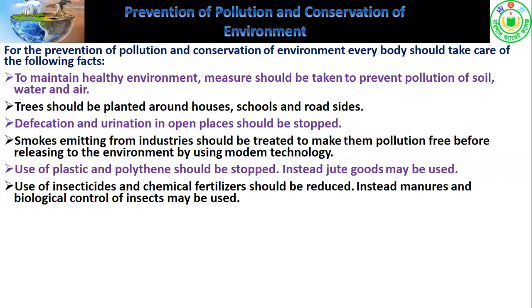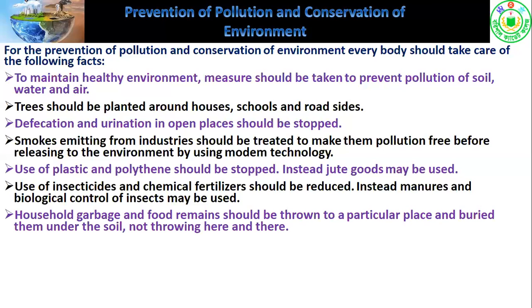Use of insecticides and chemical fertilizers should be reduced. Instead, manures, that means fertilizer made from different raw materials, should be used, and biological control of insects may be used. Household garbage and food remains should be thrown to a particular place or in the dustbin, and buried under the soil, not thrown here and there.